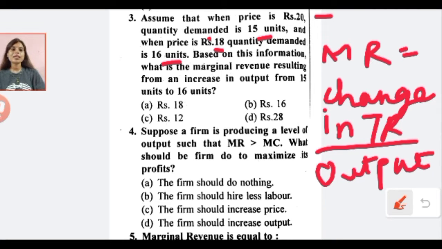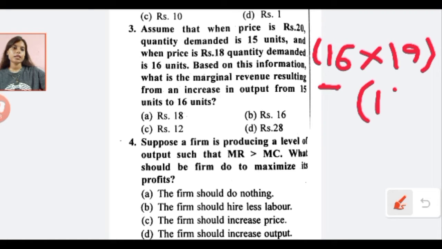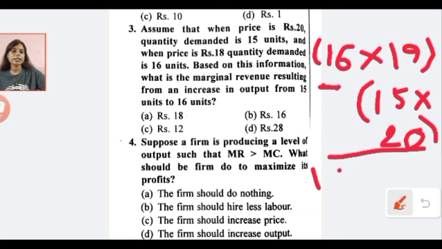So if we put the numericals in this particular formula, it's coming to, let me show you, 16 into 19 minus 15 into 20, all right, divided by 16 minus 15. Now if we calculate this one, the answer is coming to number 12.